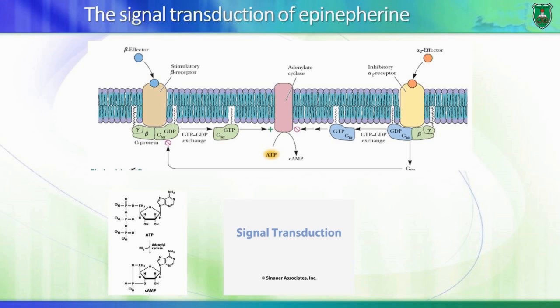This is termination of the signal, and that's important so that you can have another effector that can bind to the molecule, activating it. So you need to terminate the signal and reactivate it again. Now, remember, this is the alpha subunit. What it does is that it inhibits the molecule.